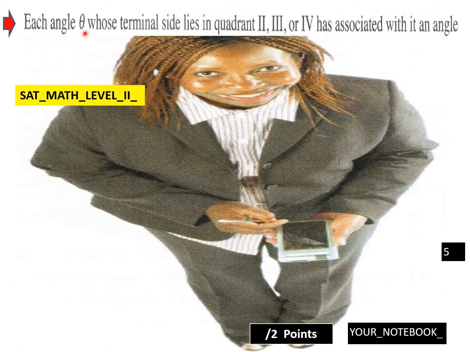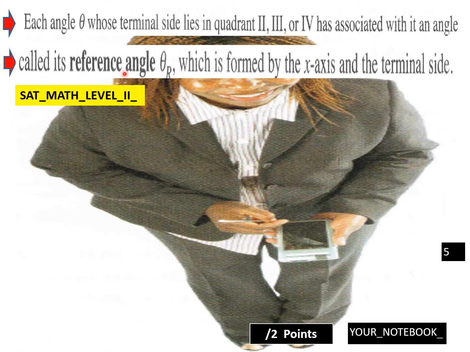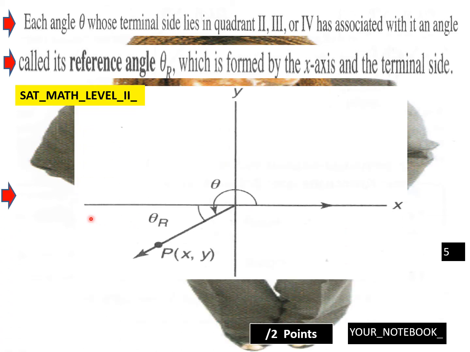Each angle theta whose terminal side lies in quadrant 2, 3, or 4 has associated with it an angle called its reference angle, which is formed by the x-axis and the terminal side, like this.